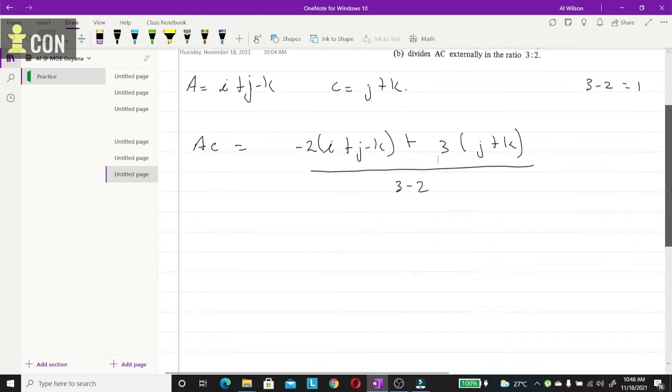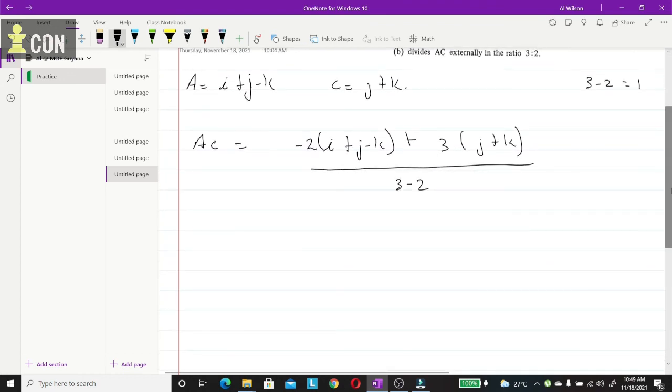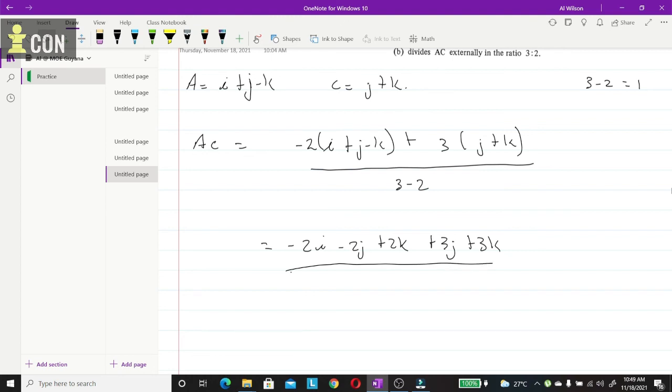Okay, so going into finalizing this, we're going to have minus 2I minus 2J plus 2K plus 3J plus 3K, and 3 take 2, which is 1. So we know anything divided by 1 is itself, so in our next line we just need to have an answer. So we have a negative 2I.